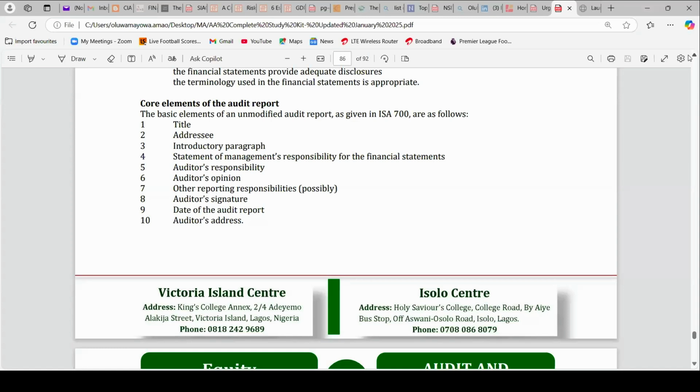They can be areas of high risk. So when the auditor is carrying out the audit, he notices that these are high risk areas. There could be material misstatement around this area. So the auditor wants to draw attention to it. It could be an area where the auditor feels that management have used their judgment, such as accounting estimates, provisions, and contingent liabilities.